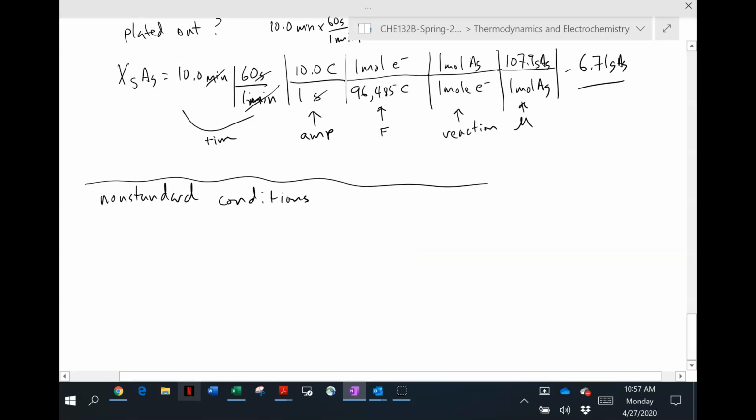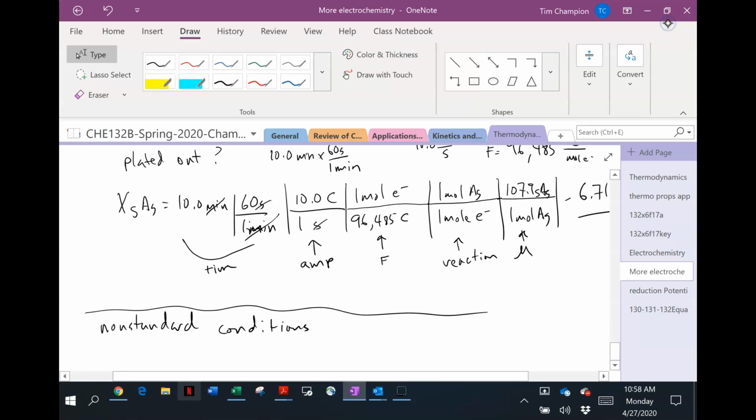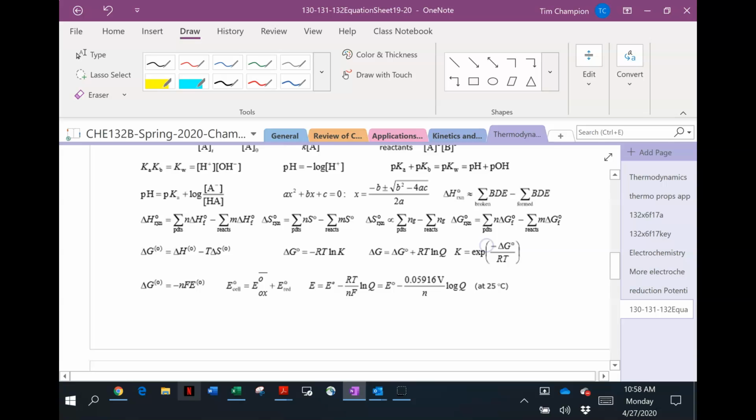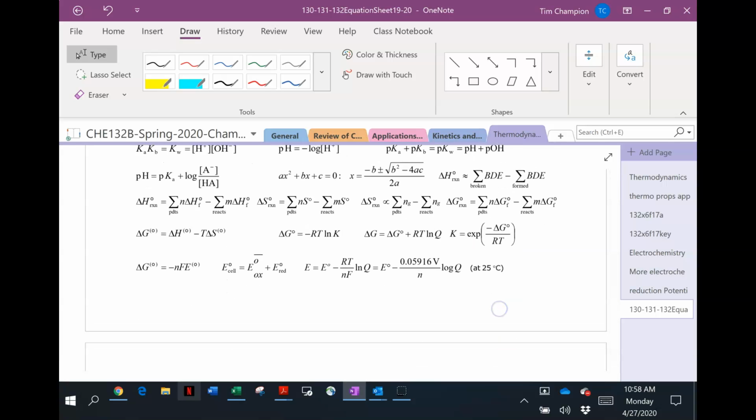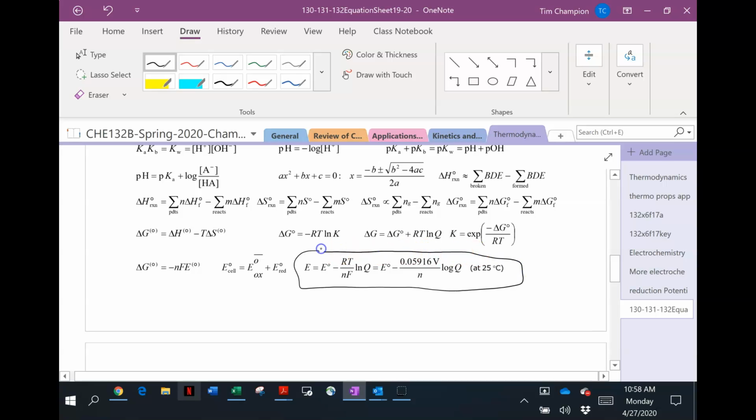So the equation, again, if we look on our formula sheet here, we have down here in the electrochem section, the equation looks like this, and there is this common log here. This is natural log. For some reason, we got this on here in a way where the shortcut version is the version of the common log.